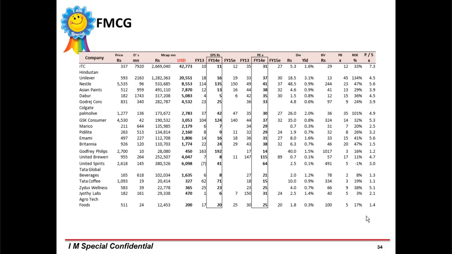To simply explain what return on equities signifies: let us assume you have 100 rupees with you. You go and keep it in your bank. If you get 9% interest on it, your return on equity would be 9 divided by 100, 9%.